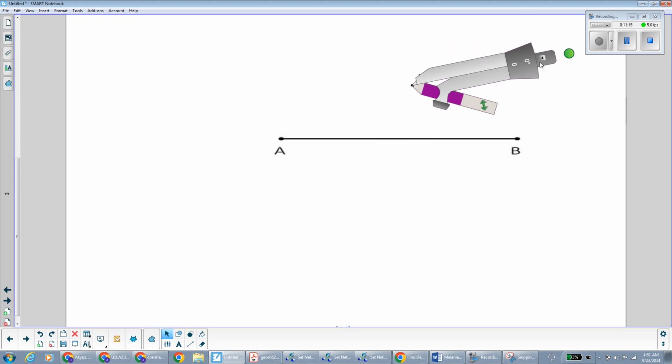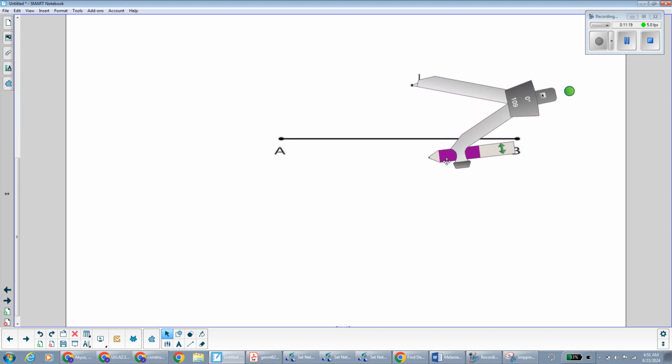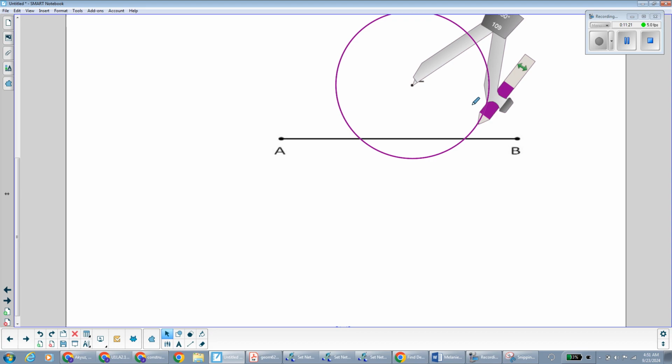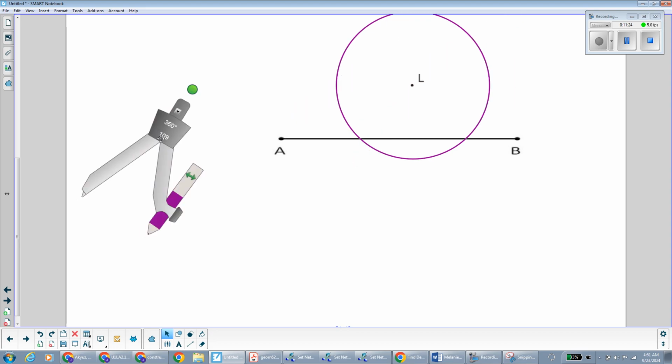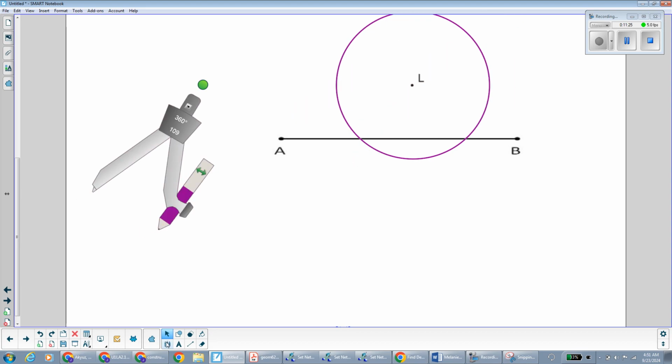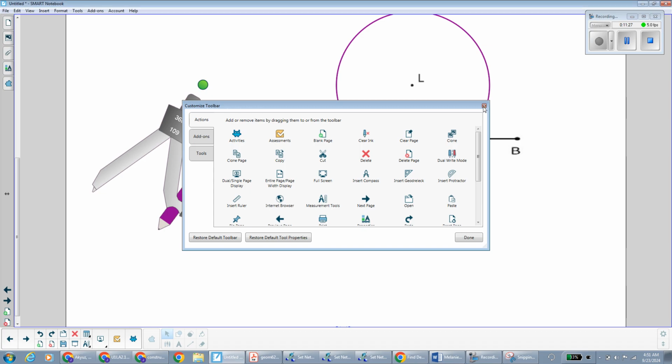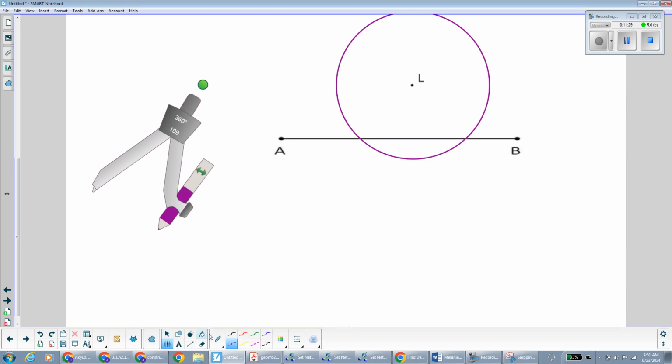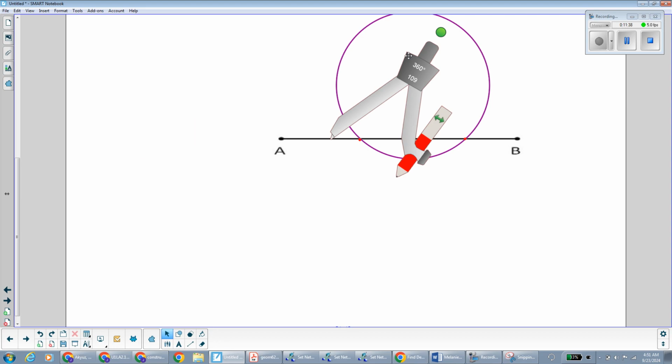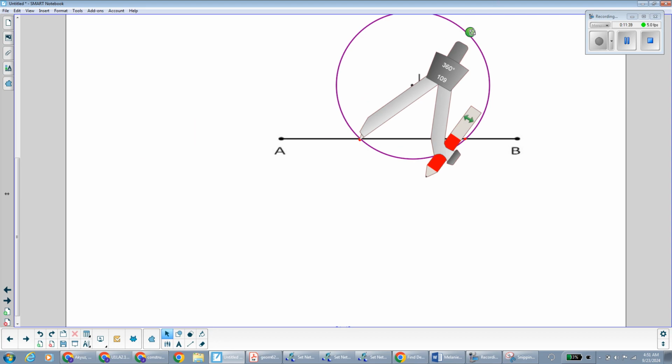I'm going to put my compass on the point that I want it to pass through. And I'm going to swing a circle. Remember, all it needs to do is hit the line in 2 spots. Okay. Gonna grab my compass, gonna put it on one of those intersections.